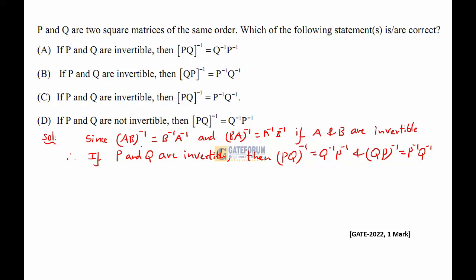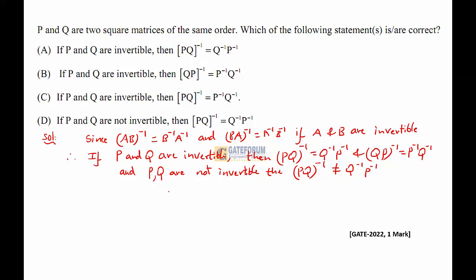A, B correct. D: whenever not invertible, (AB) whole inverse is not equal to B inverse into A inverse. Okay. And if P, Q are not invertible, then (PQ) whole inverse is not equal to Q inverse P inverse.